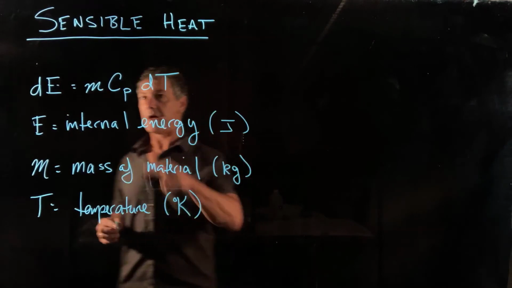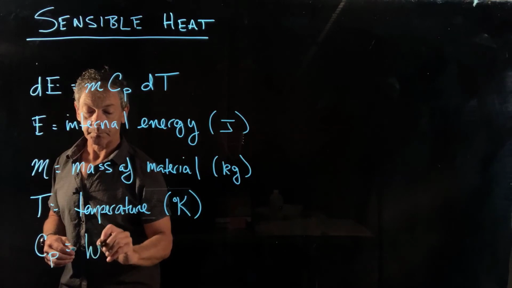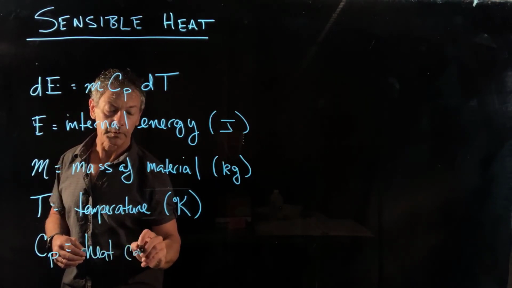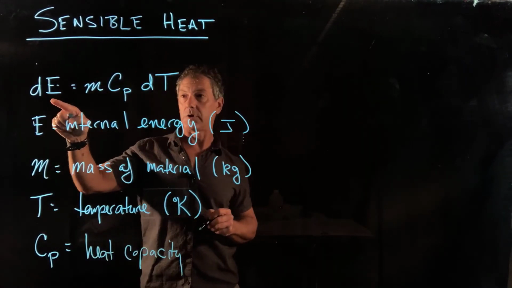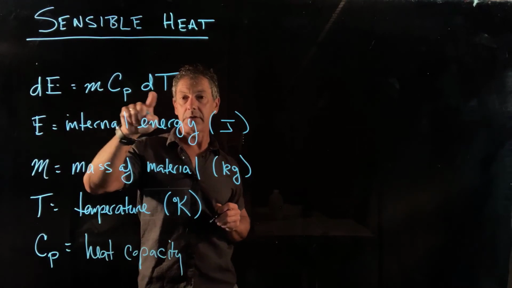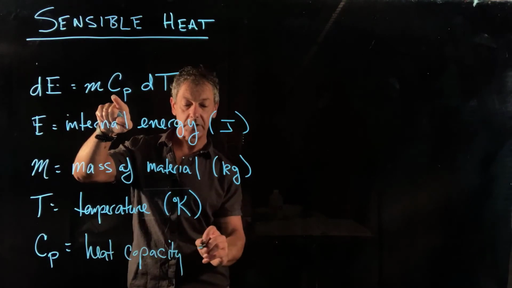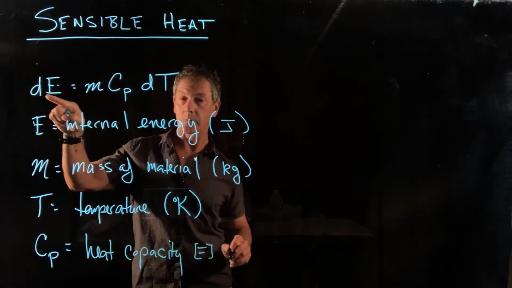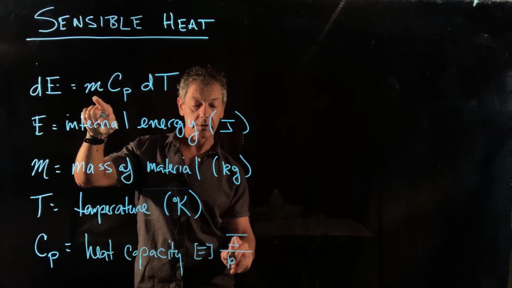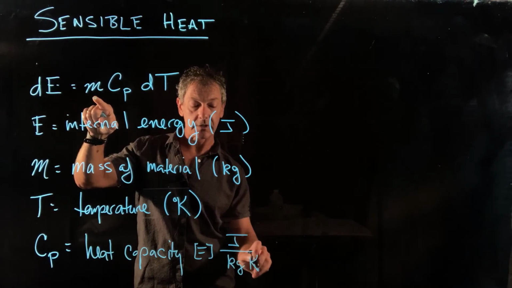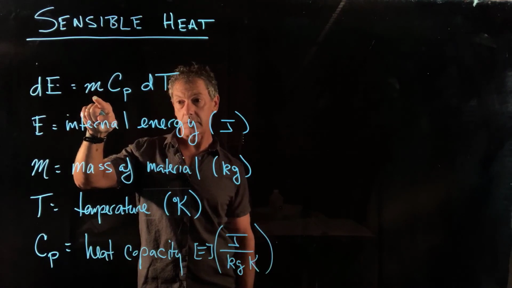So this last term, this heat capacity, since this is a joule and this is a kilogram and this is degrees Kelvin, this heat capacity has to be in units of, to end up with joules, we have to have it in joules per kilogram per degrees Kelvin. Okay, so our units are going to be in terms of those.